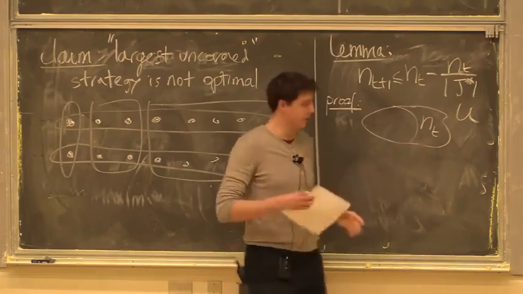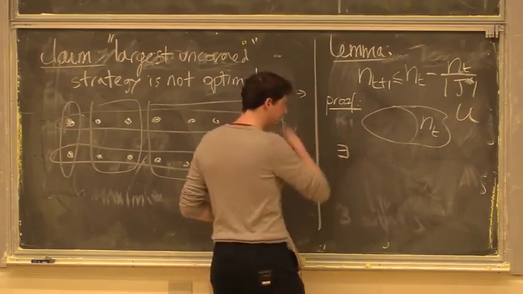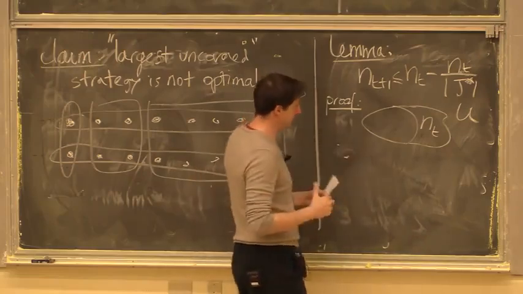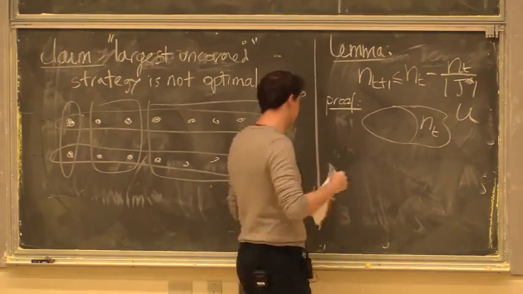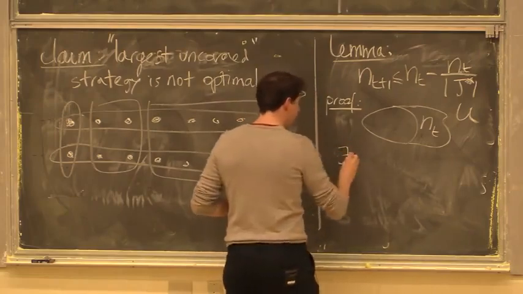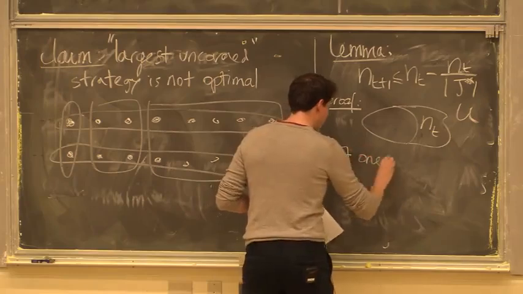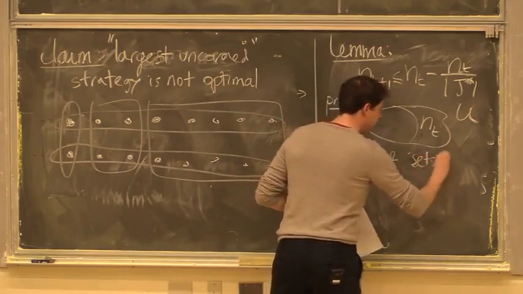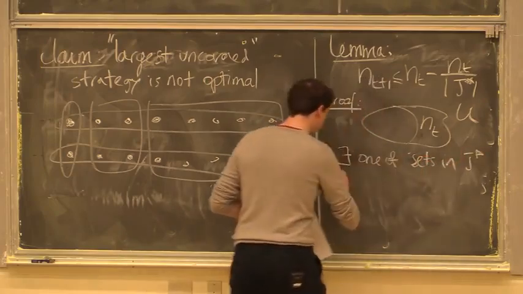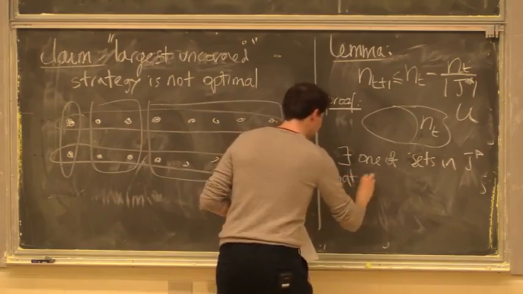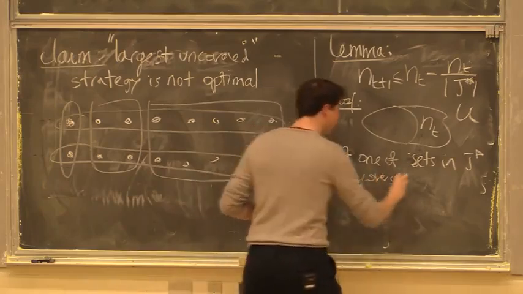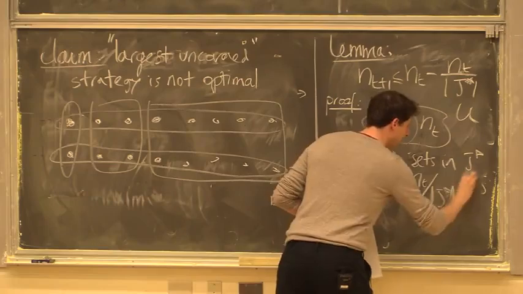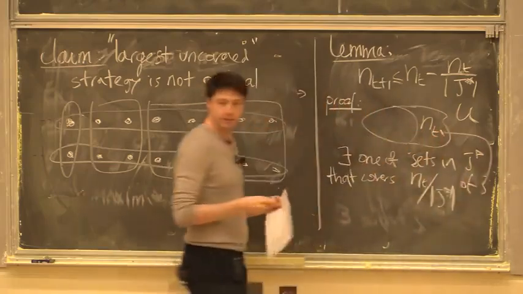That makes sense? So there exists, and actually more than that, so let me be even more precise. There exists one of the sets in J star that covers nt over size of J star of these guys, right?